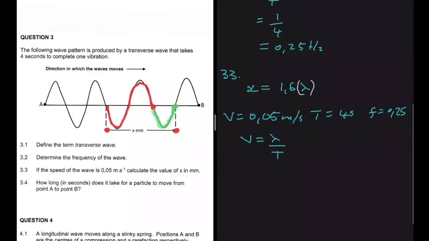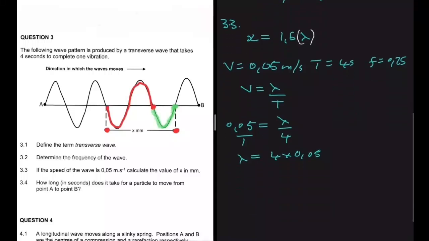The velocity is 0.05, the wavelength is what we're looking for, and the period is 4 seconds. We can cross multiply, so the wavelength is equal to 4 multiplied by 0.05, which is equal to 0.2 meters.